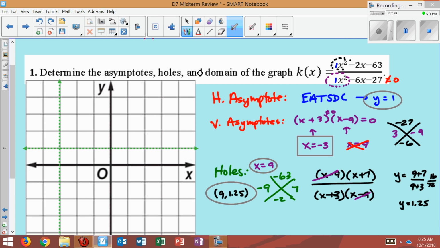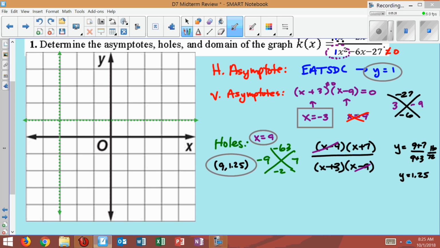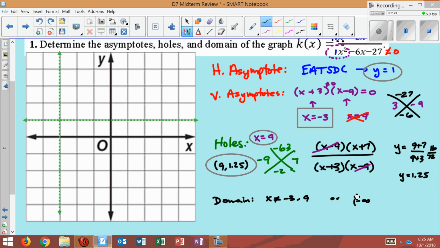If you wanted to put it perfectly on the graph, that's where it would be located. Okay, so asymptotes, holes, domain. All right, so the domain I already kind of said is the values that x cannot equal. So you could write out your domain this way. You could say that x cannot equal -3 and +9. That's in set builder. Or you could say from -infinity, going left to right, you'd have the first break at -3.